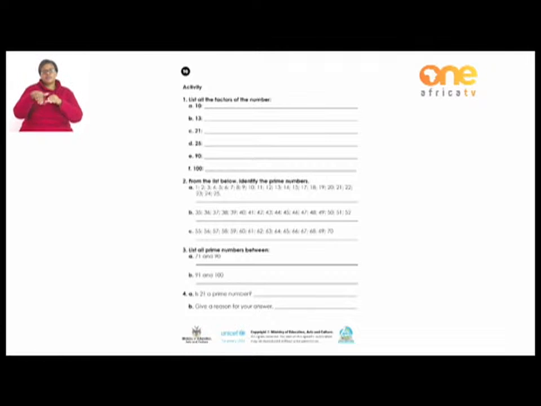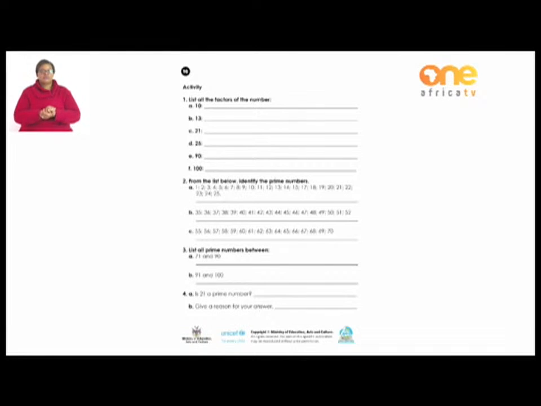B between 91 and 100. Number 4, A. Question is asking, is 21 a prime number? You only need to say yes or no. B, you need to give a reason why you say yes or why you say no.